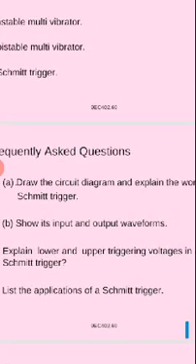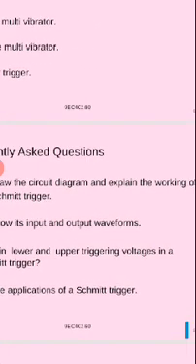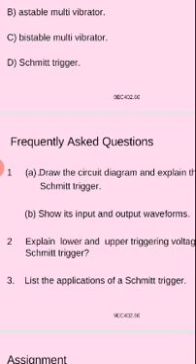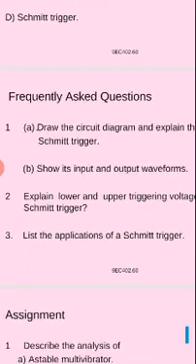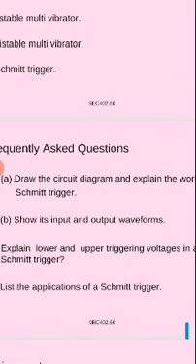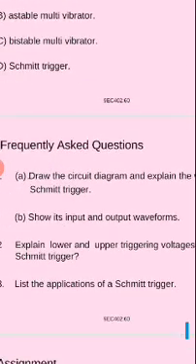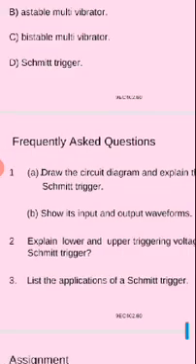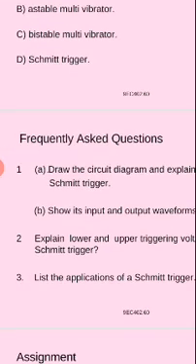In part B, show its input and output waveforms. Second question, explain lower and upper triggering voltages in Schmitt trigger. List the applications of Schmitt trigger.